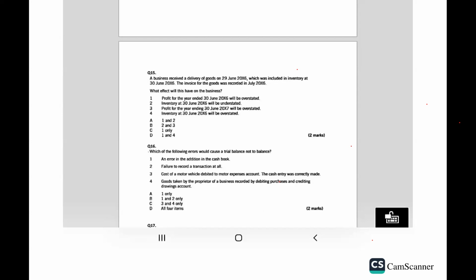Error of commission. Right? Okay. The goods taken by the proprietor of the business recorded by debiting purchases and crediting drawings account. What type of an error is this one? Error of commission.